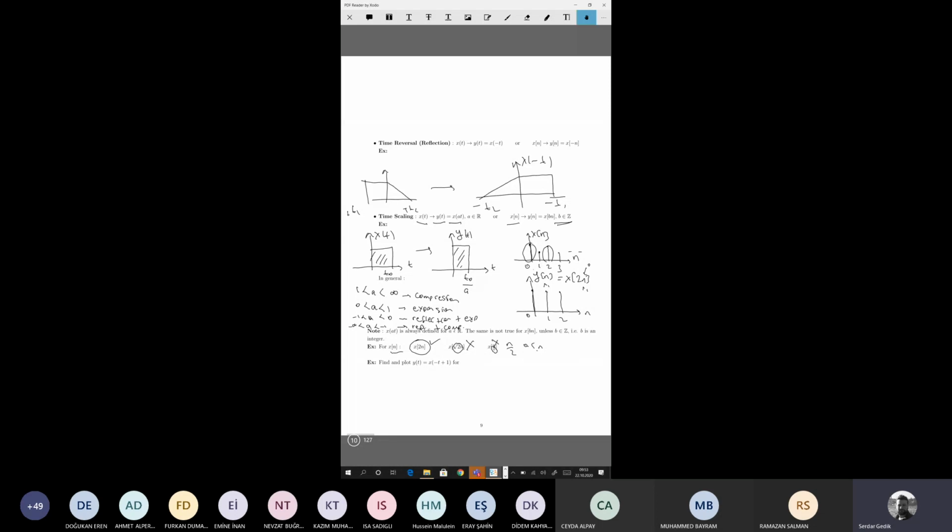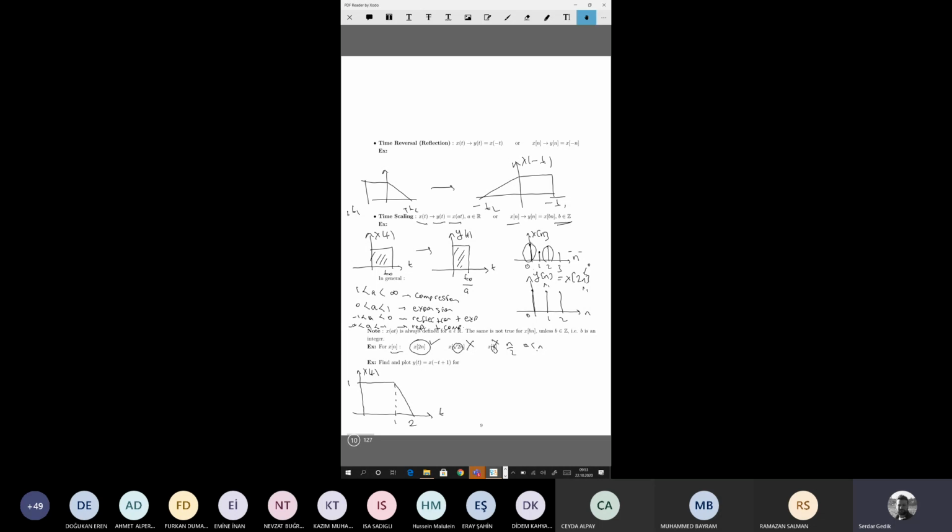So here I have an example. Let's again assume that I have such an x of t. I will plot a continuous time signal. This is 1, this is 1, this is 2. This is my x of t.